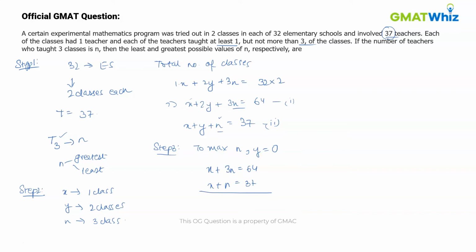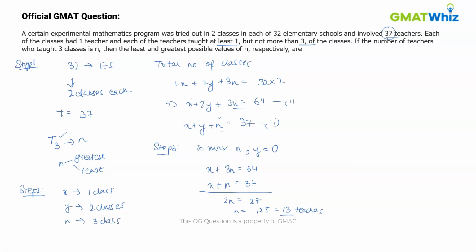On subtracting these two equations, we get 2n is equal to 27 or n is equal to 13.5. Now n has to be an integer, so we take the value of n to be 13. From this we can conclude that the classes can be assigned to 13 different teachers, which is less than the total number of teachers. So we can say that the maximum value of n is 13.